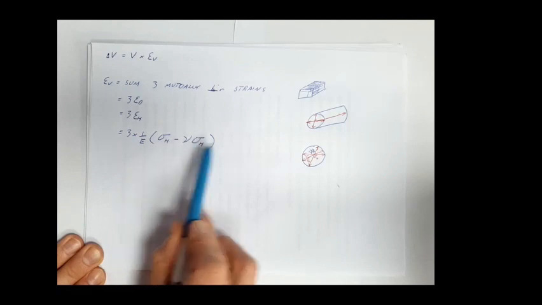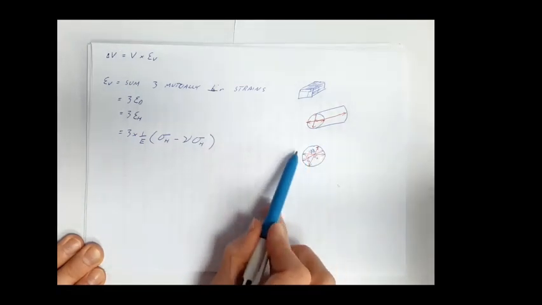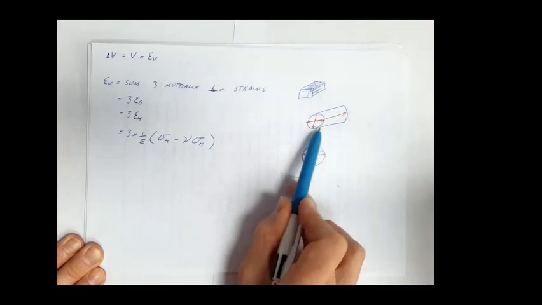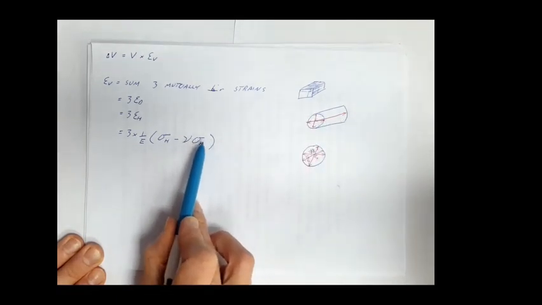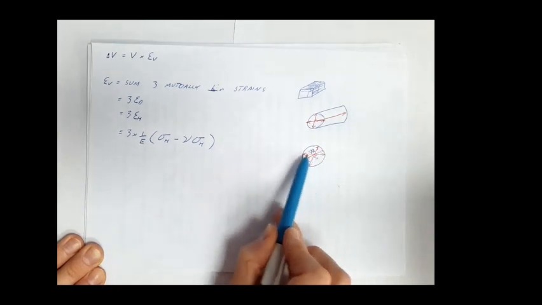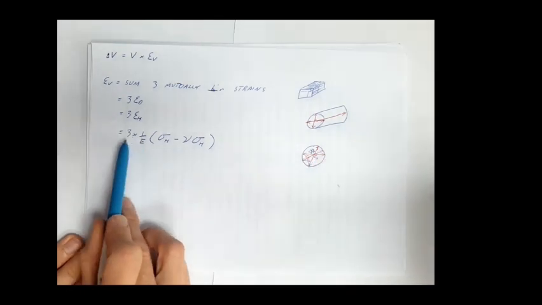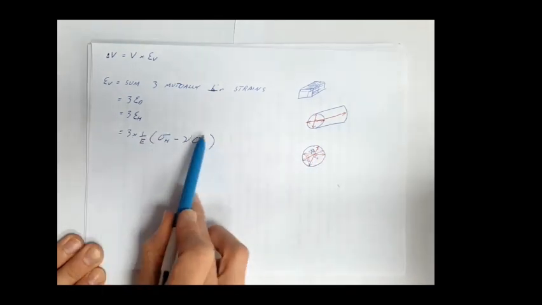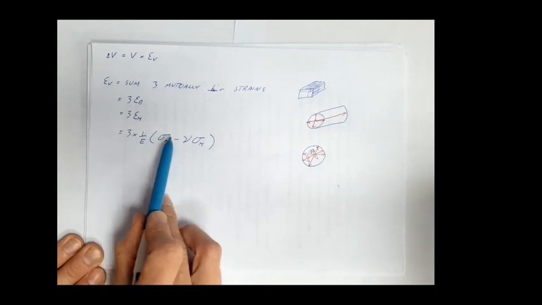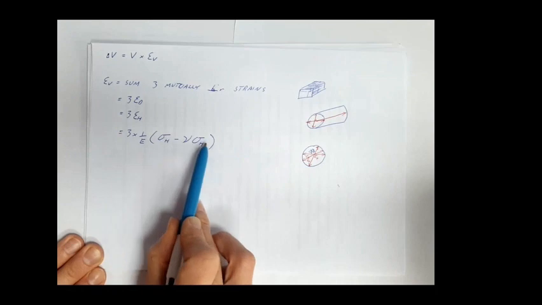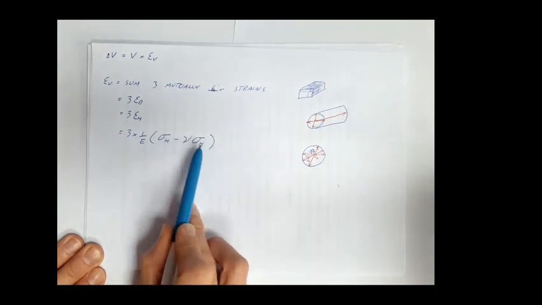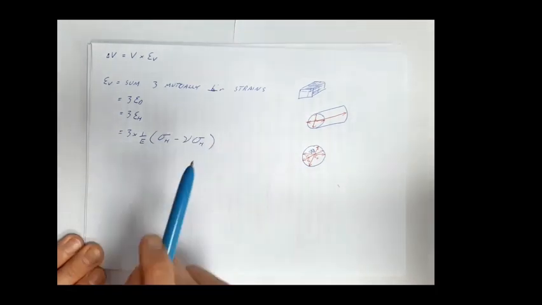But this time, because we're dealing with a sphere rather than a cylinder, we don't have longitudinal strain here, we have hoop strain. We've got hoop strains in 2 different directions. Okay, so again, my strain is made up of 2 components, the strain caused by the hoop stress in this direction and the strain caused by the hoop stress in this direction. So we've got 2 lots of our hoop strain.